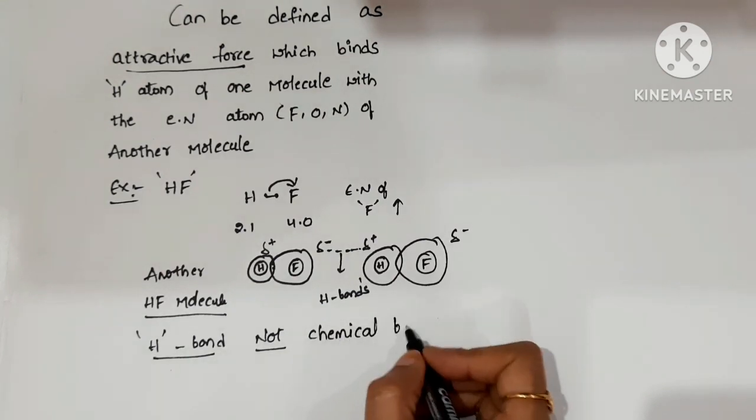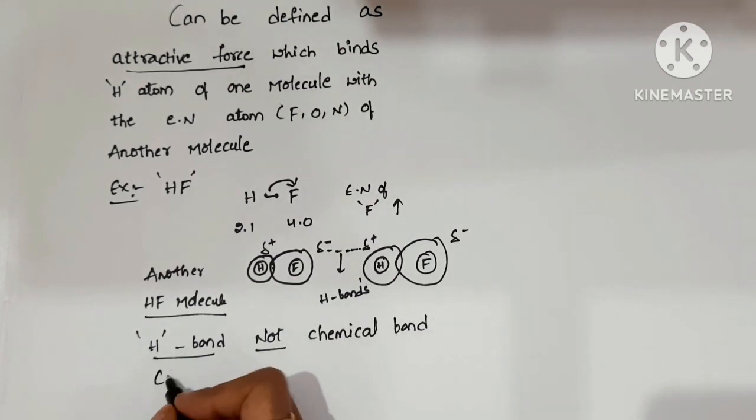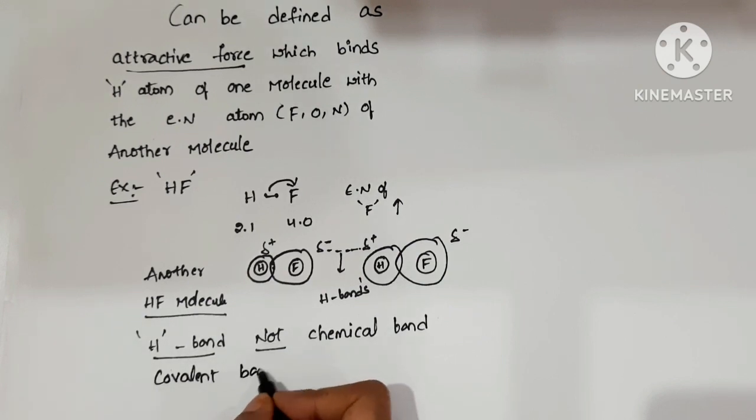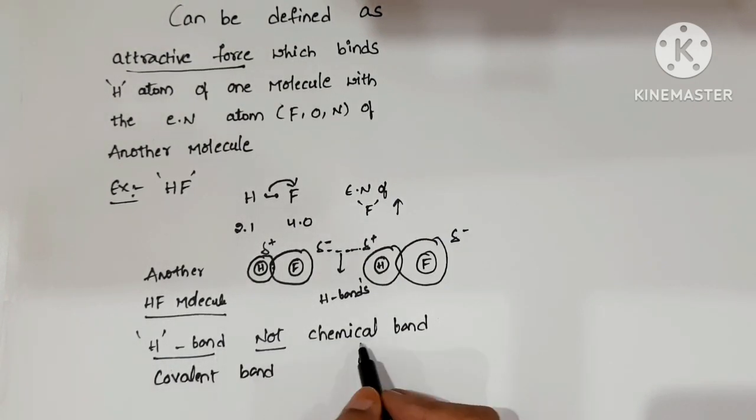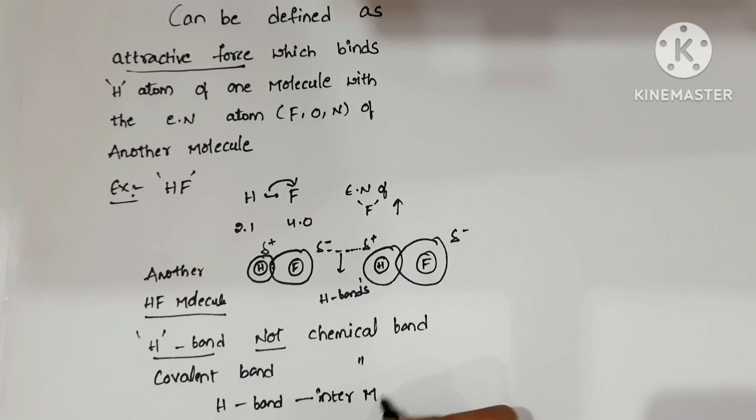A covalent bond is a chemical bond, right? But a hydrogen bond is not a chemical bond. Hydrogen bond is the intermolecular force between molecules.